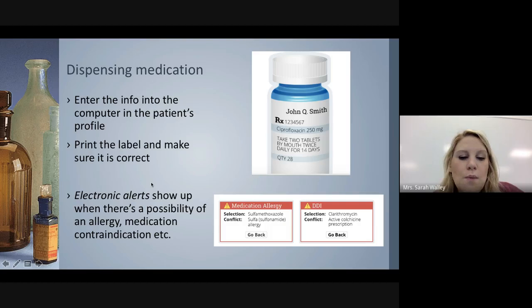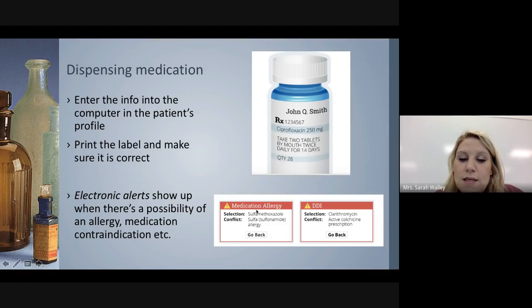Electronic alerts show up when there's a possibility of an allergy, medication contraindication, etc. So remember in Module 3, we talked about allergies, medication contraindications, medication interactions. If the system sees that there's an issue with another medication in the patient's profile, it might pop up.